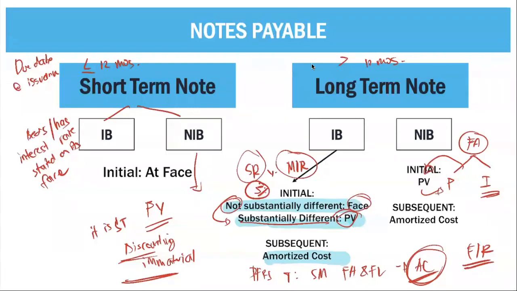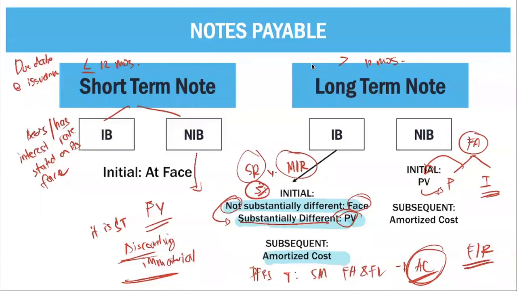Subsequent measurement, amortized cost. So in your short-term and long-term notes payable, whatever you have learned in your notes receivable as to its measurement is still the same under your notes payable. Because remember, what is recorded by one entity must also be recorded by the other entity.